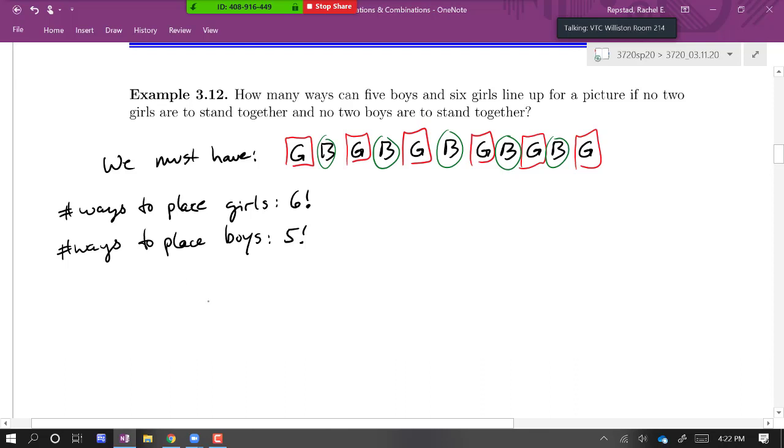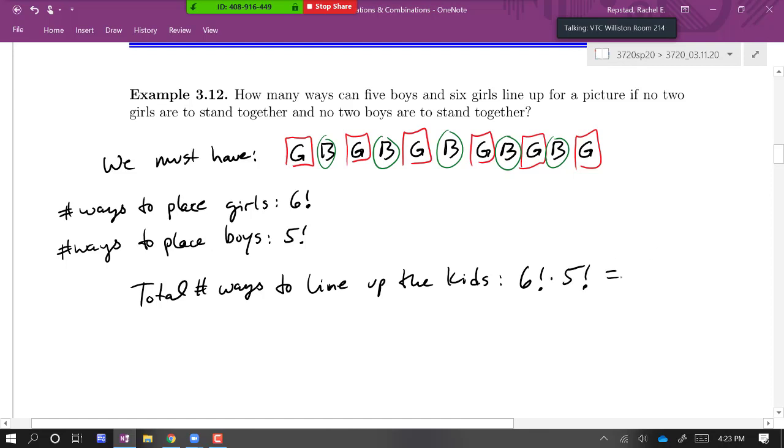For each one of those ways to place those girls, I've got 5 factorial ways to place the boys. We're going to use the multiplication counting principle one more time. The total number of ways to line up these kids is 6 factorial times 5 factorial.